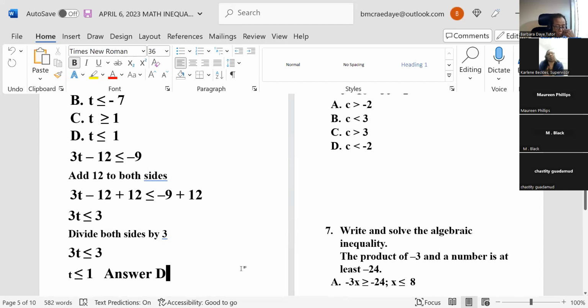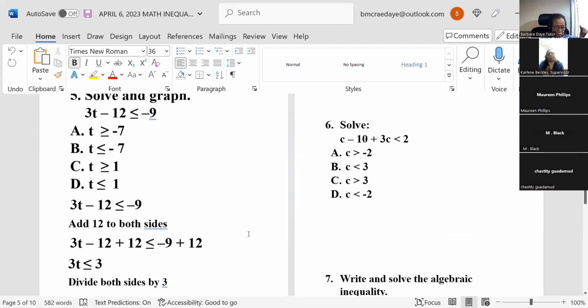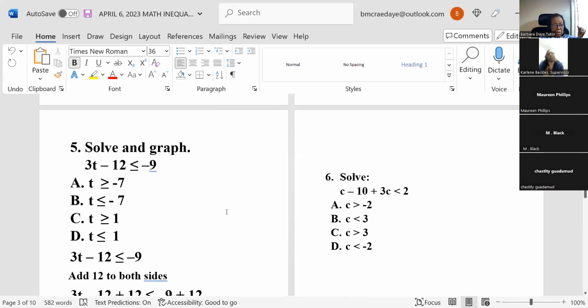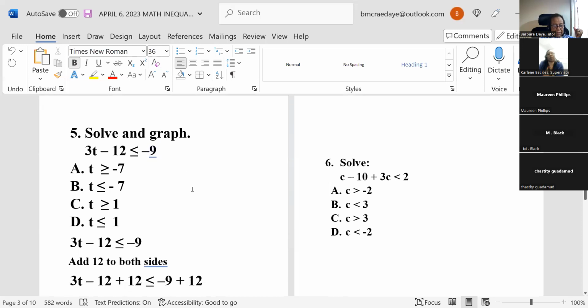Now, Maureen, when you're doing these inequalities, like here where you have a constant minus 12 on the left and you have a minus 9 on the right. Remember we said we wanted to keep the variable on the left. The 3t is the variable t. That's already on the left. We don't want to do anything to that right now. We want to add to the 12, so we get this 12 with the 9 on both sides.